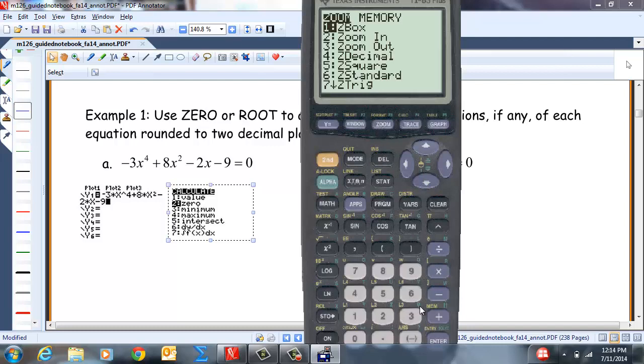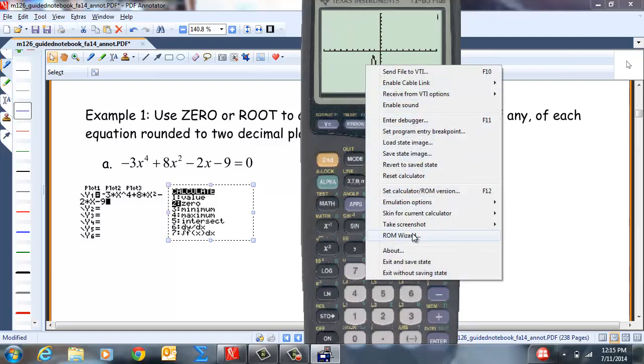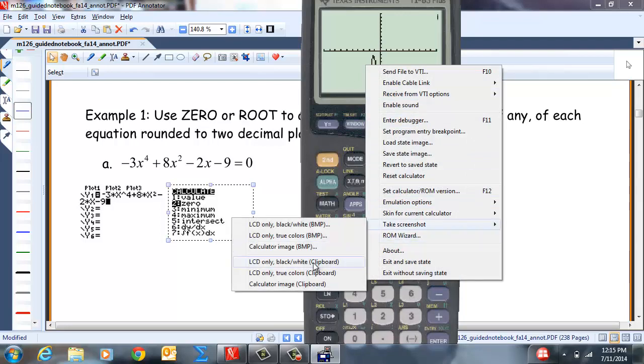Let's zoom out again. So I'll just hit zoom out, get a better picture of the graph. Actually, go back to that standard zoom. This was our initial picture, and that seemed actually to be a good, honest picture of our graph.